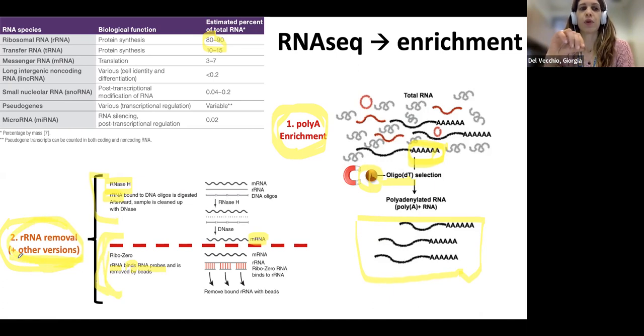So if you really want to clean up your preparation just for messenger RNA, you can add oligos specific for other transcripts, for example, tRNA, okay? So it's ribosomal RNA removal because ribosomal RNA is the main contaminant, but you can also customize your depletion, okay?